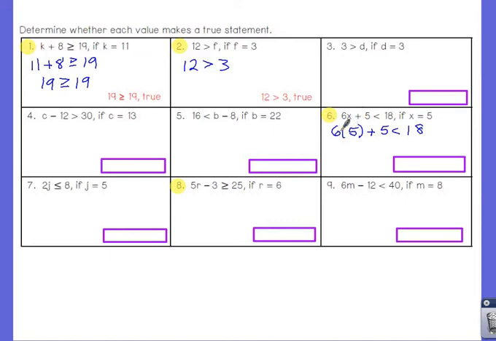So 6 times 5 is 30. Then 30 plus 5 is 35. Then you ask yourself, is it true or false? False. 35 less than 18 is false.